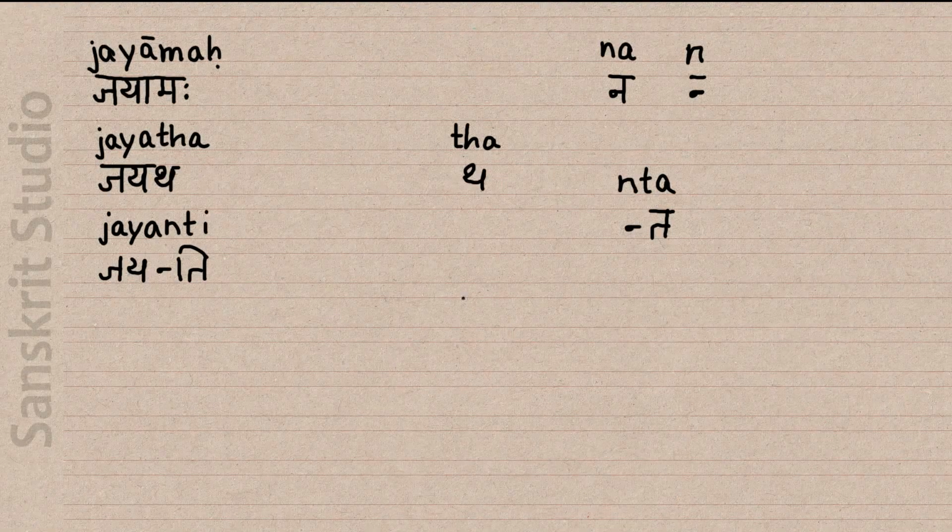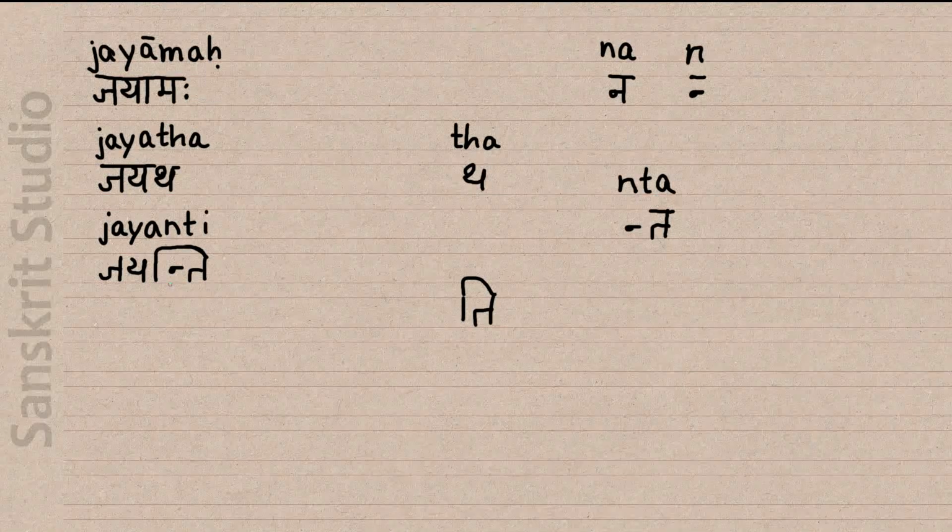So here in the T case, the E sound does come before the consonant, because there's only one consonant, and that is the T. But if we have 2 consonants or 3, etc., then the E sound has to be moved to the left even more, which then means that we have to put the N here, and then we have to do the E sound here, and then we have to make this stroke even longer here. So that's the idea then, jayati.